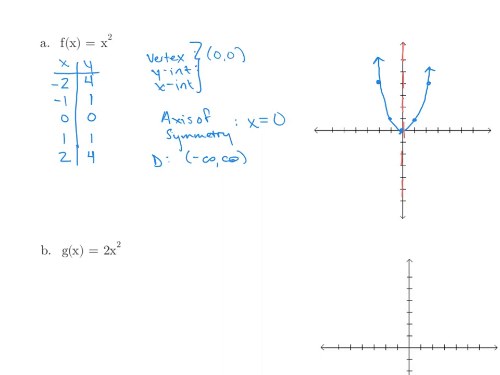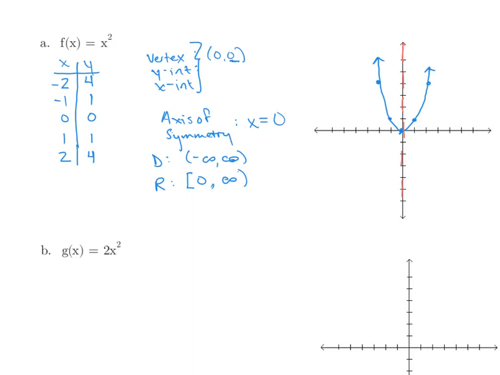These arrows go forever to the left and they go forever to the right. And our range is going to be 0, our y coordinate of our vertex, comma, positive infinity. The lowest y coordinate is 0, and this goes forever up.